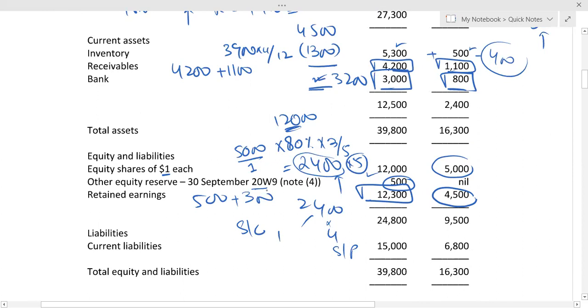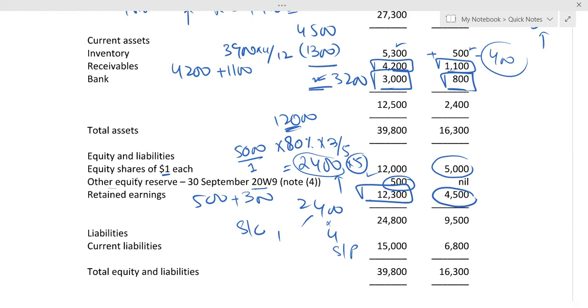We know that in case of fair value through OCI, when the value increases or decreases, it goes to OCI, and we also show that into other equity reserve. And there's a gain in the investment by 300, which parent has not recorded. We will record it.